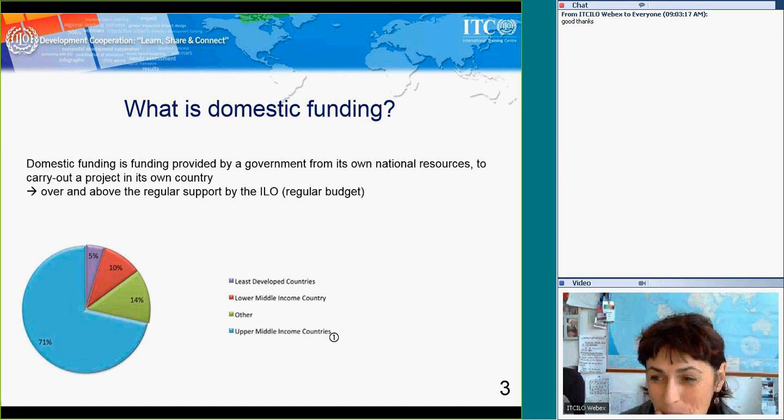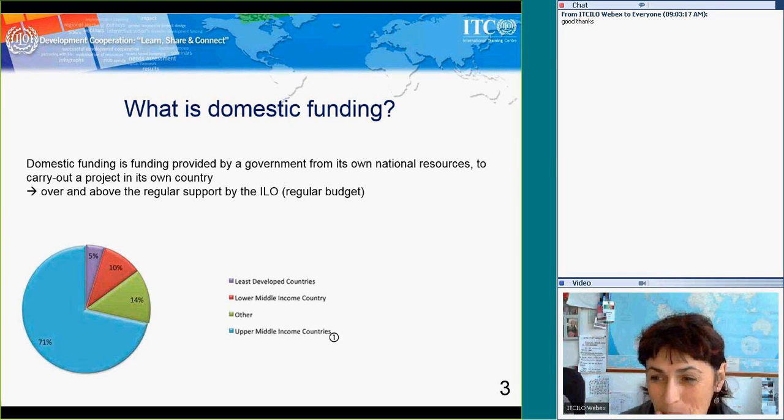Domestic funding can be seen as a step towards self-reliance by the government. And of course, when governments provide their own resources to the ILO, it shows a very clear commitment on their part. In the ILO, domestic funding is most commonly used in upper middle-income countries, in particular in South Africa and Latin America.